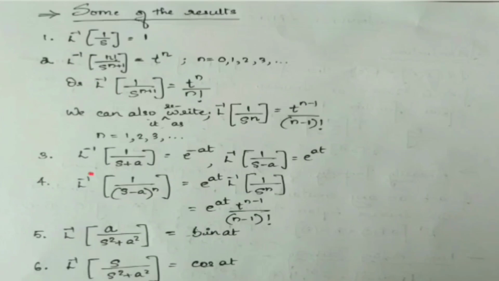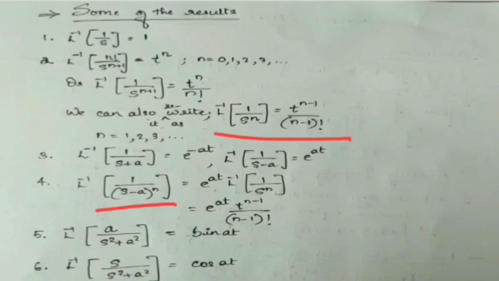Similarly, Laplace inverse of 1 by s plus a is equal to e raised to minus at, and Laplace inverse of 1 by s minus a is e raised to at. Laplace inverse of 1 by s minus a raised to n. Okay, now we know that Laplace inverse of 1 by s raised to n is t raised to n minus 1 by n minus 1 factorial.